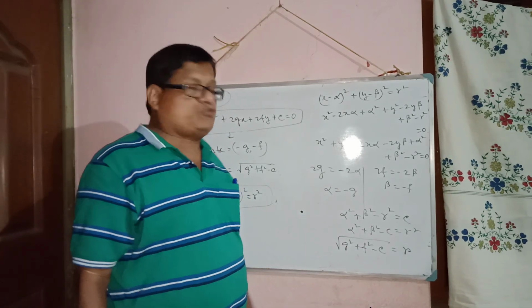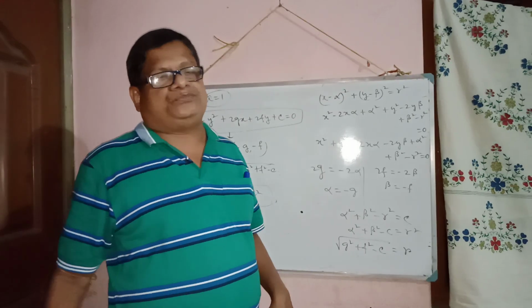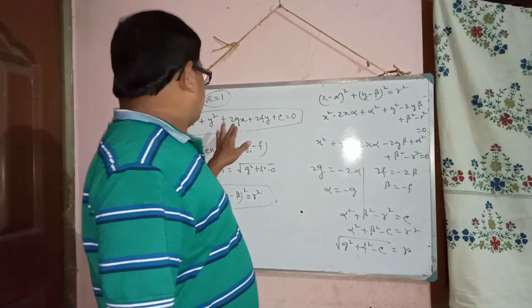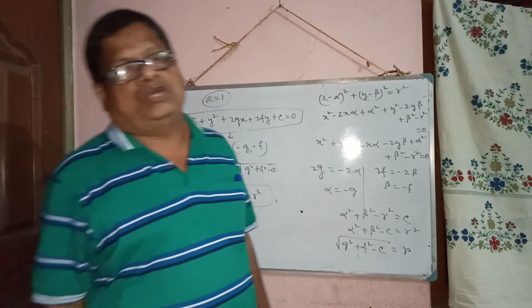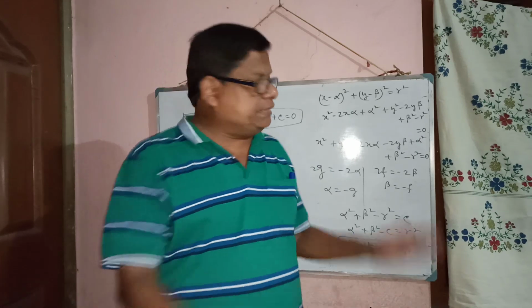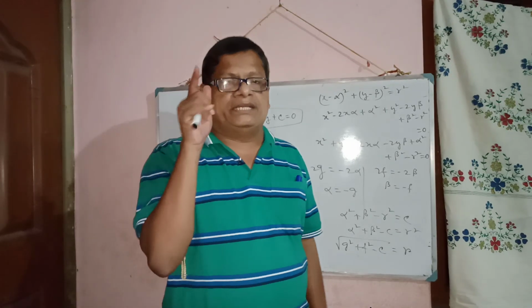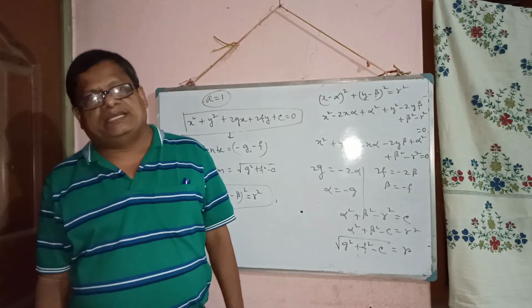The question is: in which condition does this equation represent a point circle? That is, when the radius term g square plus f square minus c equals 0.